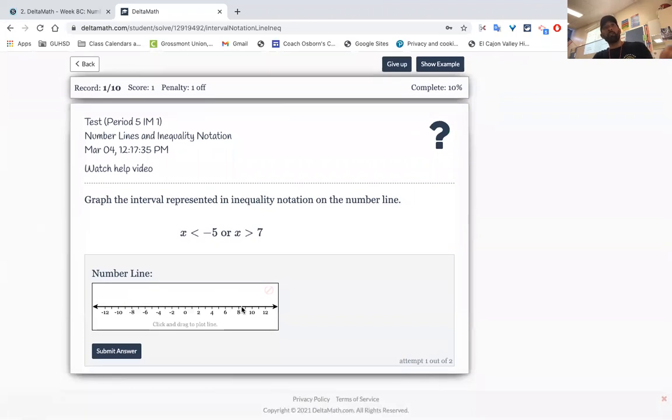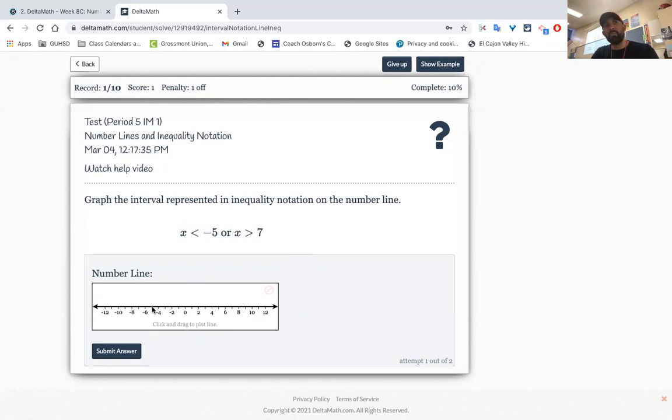All right, so now here's one where it actually gives you the statement. If you notice, it says or in the middle, it doesn't say and. So now we're gonna do X is less than -5. So I have to go here to -5, and basically what I do is I click and drag.